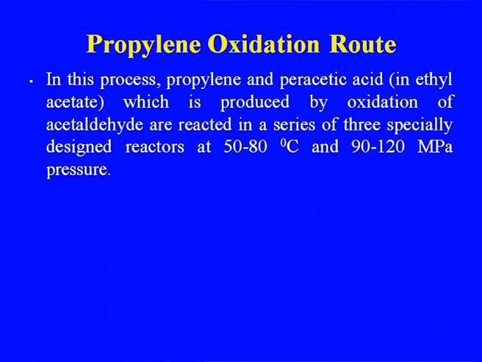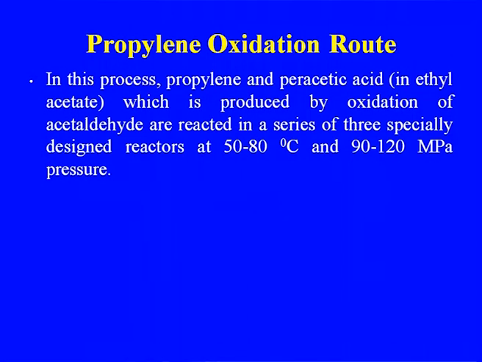So let us discuss now the propylene oxidation route. In this process, propylene and peracetic acid in ethyl acetate, which is produced by oxidation of acetaldehyde, are reacted. I discussed earlier that peracetic acid is one of the products we get from acetaldehyde.